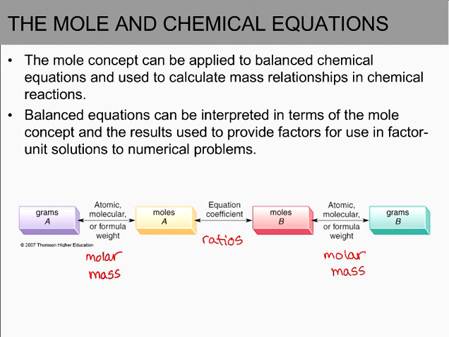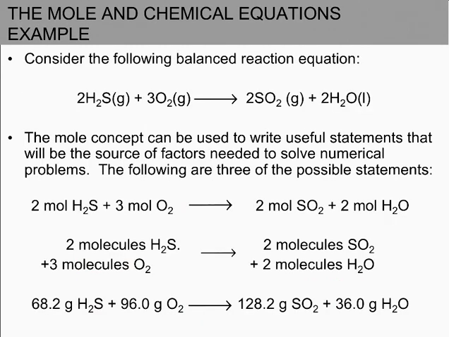And before we do that, let's consider the following balanced reaction. So here we have 2 H2S reacting with 3 O2 to produce 2 SO2 plus 2 H2O.